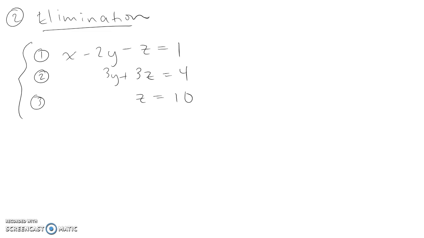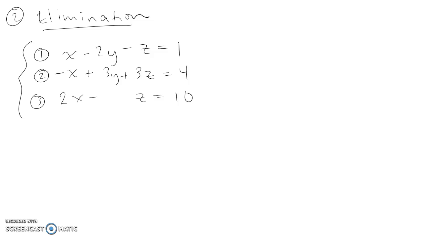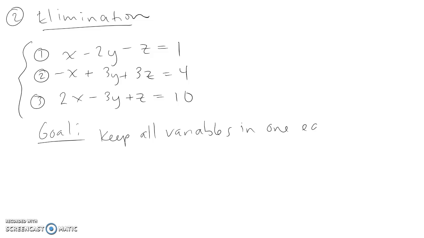Now I'm going to put back the values. We had minus x plus 3y and 2x minus 3y plus z. So that's our original system. In order to make it look like what I had before, we would need to keep all the variables in one equation.